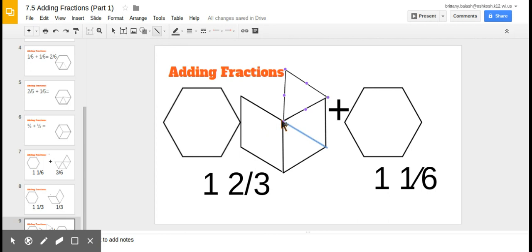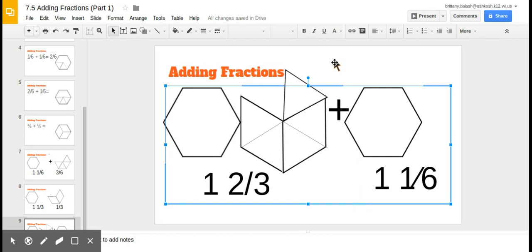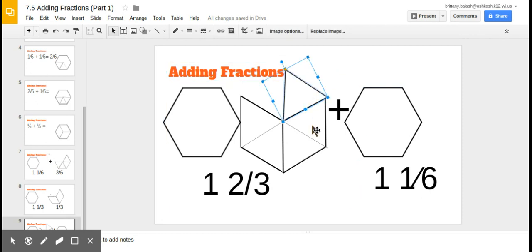So if I make those third pieces into sixth pieces, how many sixths do I now have? Well, I have 1 triangle, 2 triangles, 3, 4, 5. I have 5 sixths.